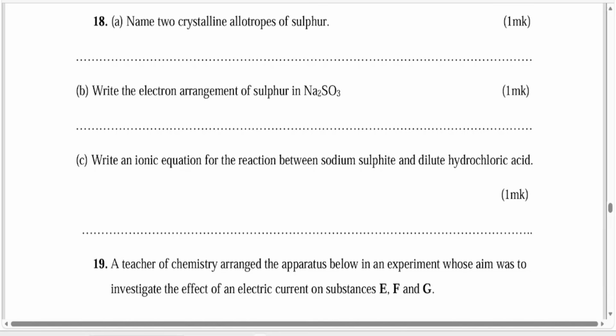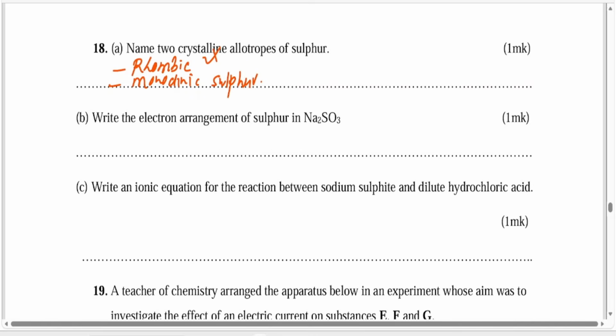Rhombic sulfur is known as alpha sulfur because it is the common form of the allotropes of sulfur, which is stable at ordinary or normal conditions. So the 2 crystalline forms are rhombic sulfur and monoclinic sulfur. Each has a mark.